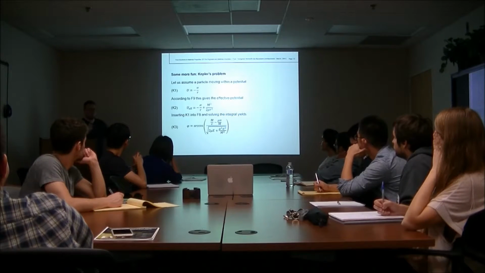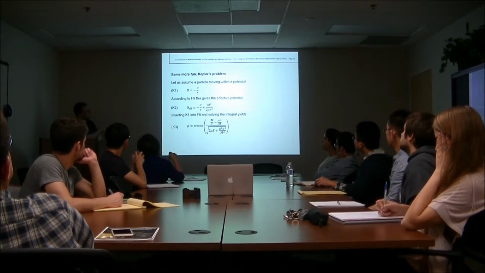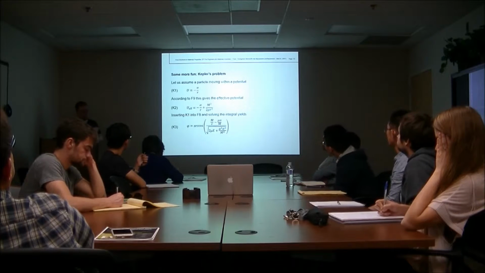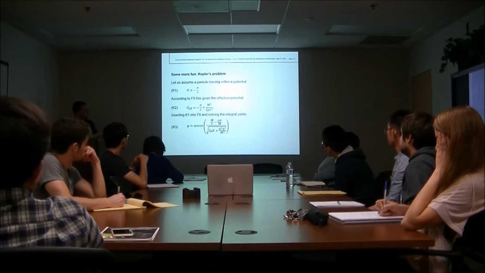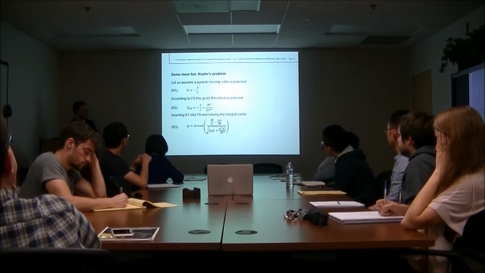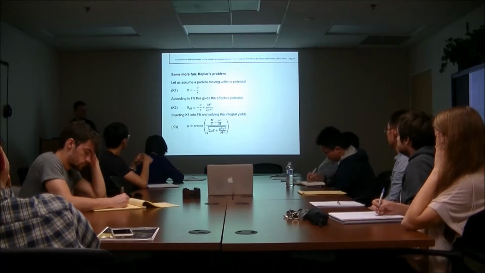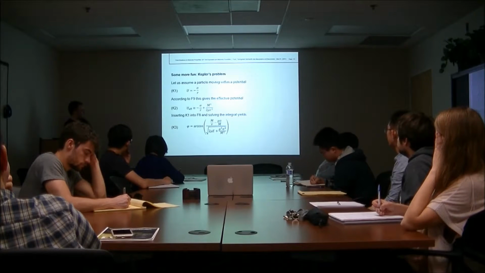We have this alpha, which is all the gravitational force that is experienced by our particle. As we had before, we can formulate an effective potential. The angular momentum is still conserved, and so we can form such an effective potential.